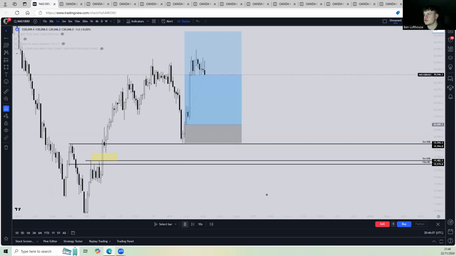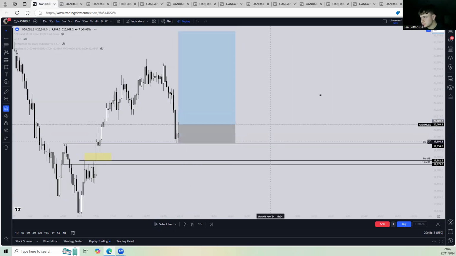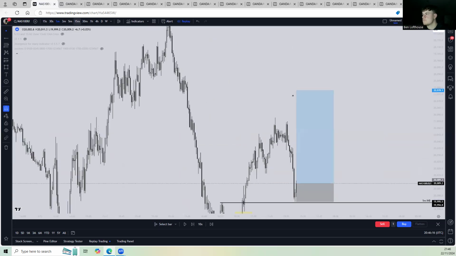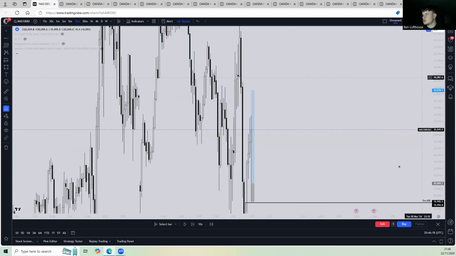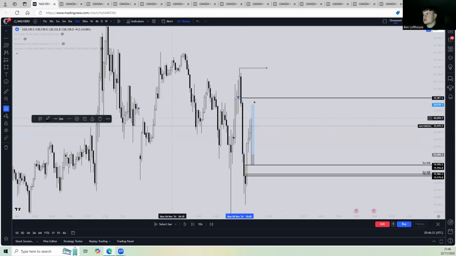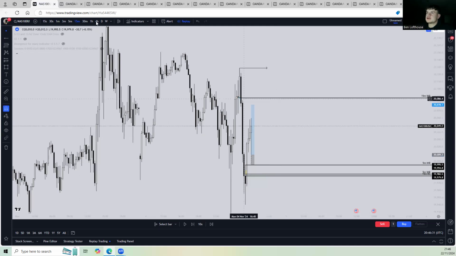Oh, wait, sorry. So before that, we're looking at the take profits. So if I jump onto the 15, we've got a 15-minute candle here with imbalance below it. So that would be the safe first point of exit.